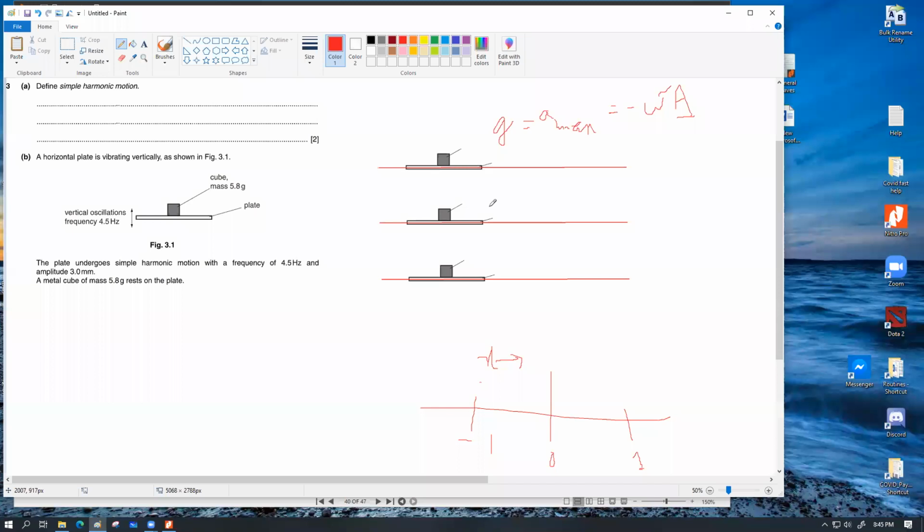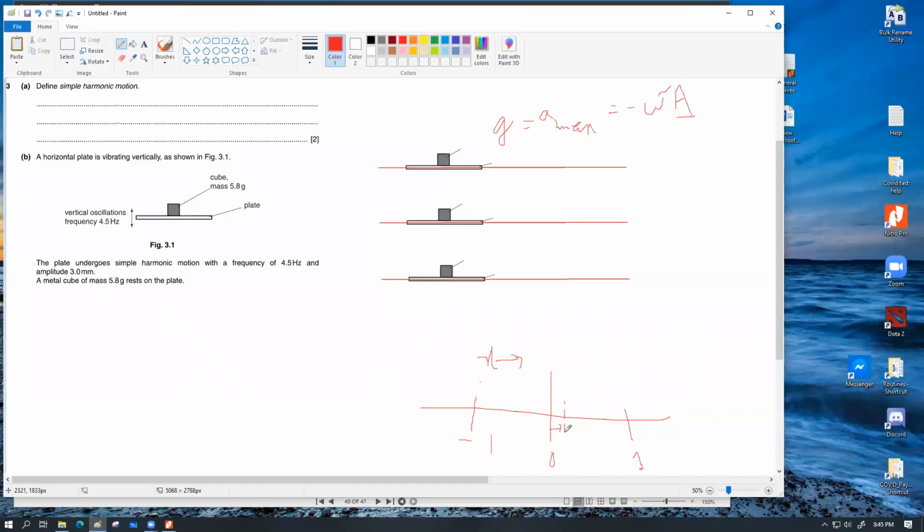Losing contact essentially means that it is not exerting any force onto the plate, and it is free of the contact force. Now if it actually has to make a visible jump, then it has to have a bit more acceleration compared to that terminal value, so that we can actually observe that displacement.